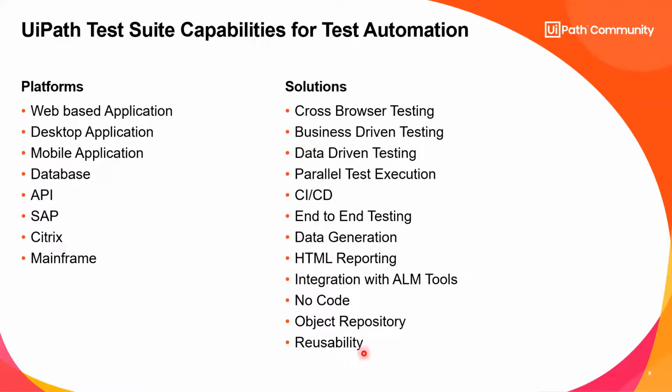Then reusability of the code is also again important, and then the object repository which we have. Let's say we have built a solution in project one, an automation piece in project one. Consider an Excel automation piece. Let's say we have automated Excel, and the same type of example is available in the next application or next product.